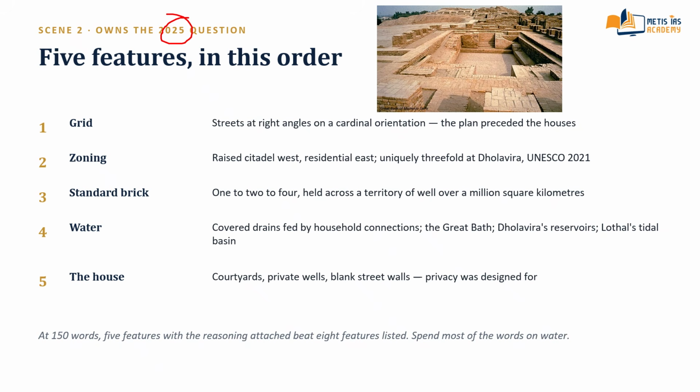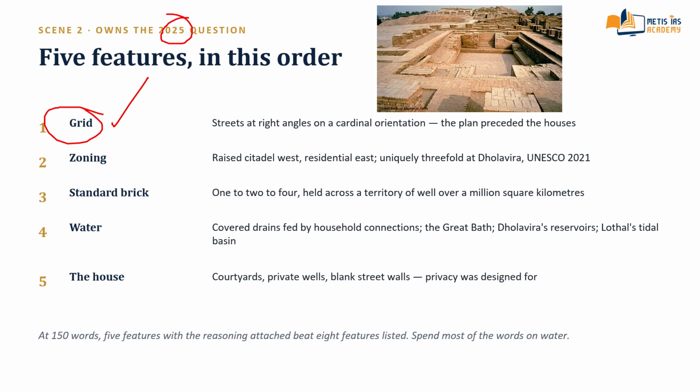This is the most straightforward question in the entire chapter and the easiest to answer badly, because at 150 words, a list of 8 features scores less than 5 features with the reasoning attached. So you have to give 5, you can give 5 in this order. The first one is grid planning.